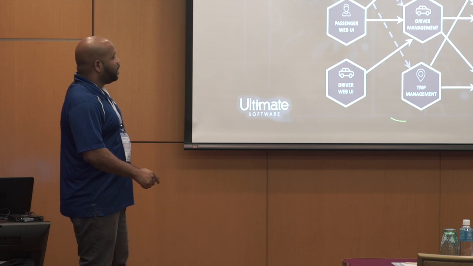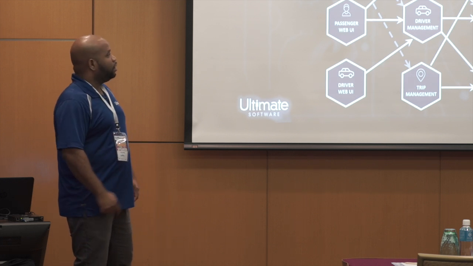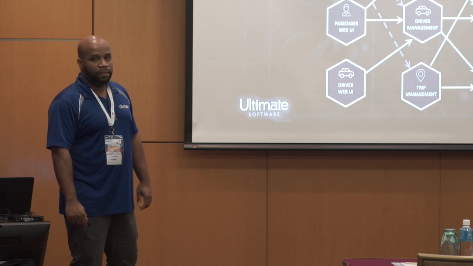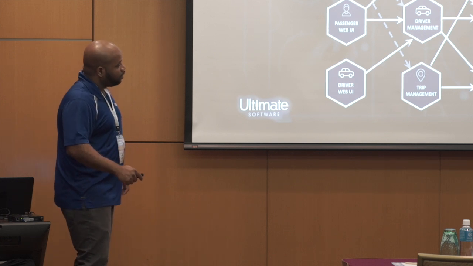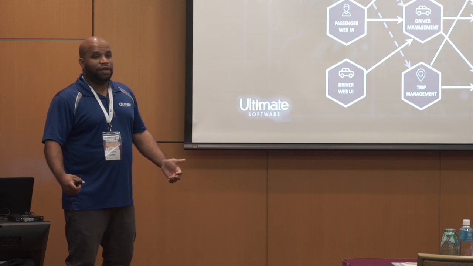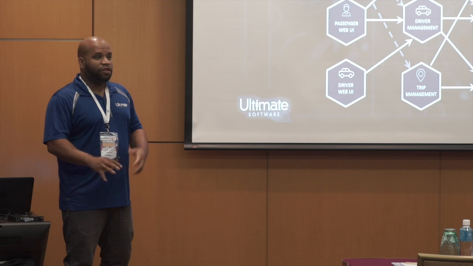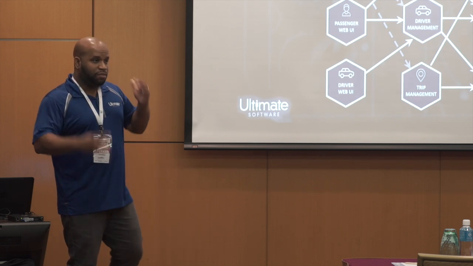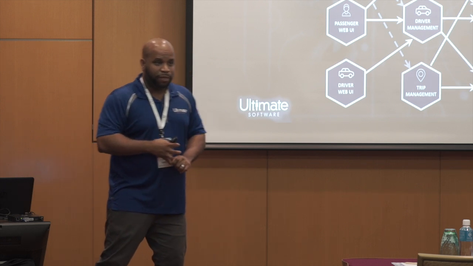So if I were to try to test trip management first, I would have to create 2 mocks, right? But if I started with notifications, it doesn't depend on anything, right? So I don't have to create any mocks for notifications. So you can see how this can become a graph problem that you can optimize on.